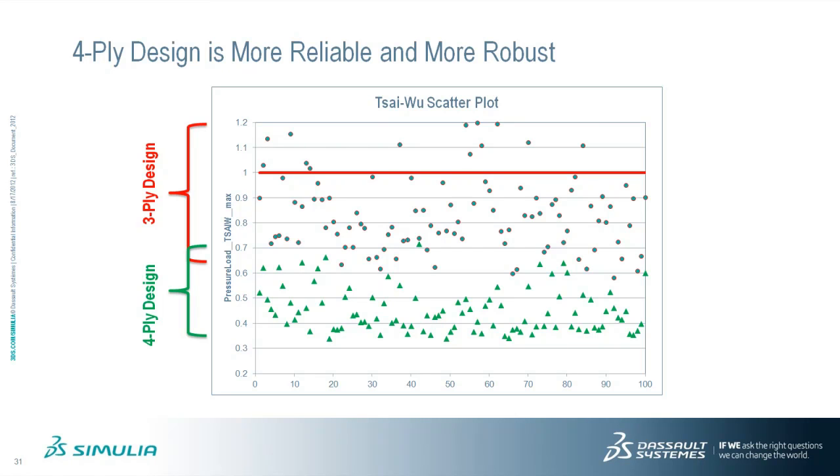If we quote an airline that our winglet will save them 3% in fuel efficiency, for the 3-ply design that may be 3% plus or minus 2%. For the 4-ply design, that might be 3% plus or minus 1%. So robustness and reliability are a little bit different, and iSight allows us to optimize for both of them and also have insight into both of them.